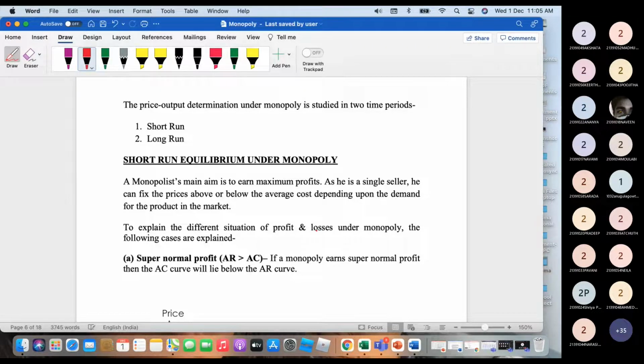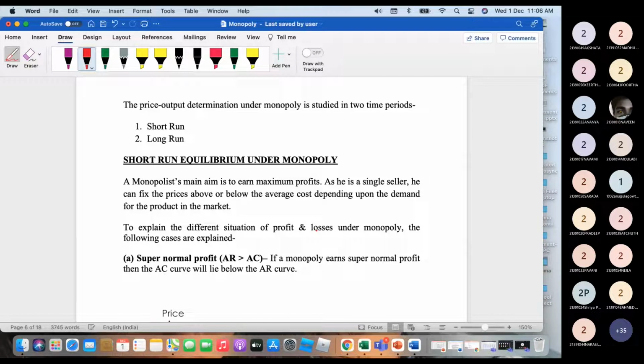Short run is a time period where some factors of production are fixed and some factors of production are variable. If the firm has to increase his level of output in the short run, he can do so only by increasing the variable factor. The fixed factor will remain the same.